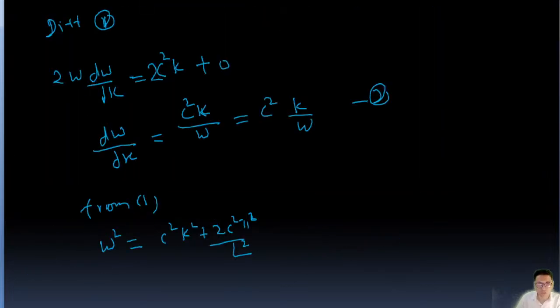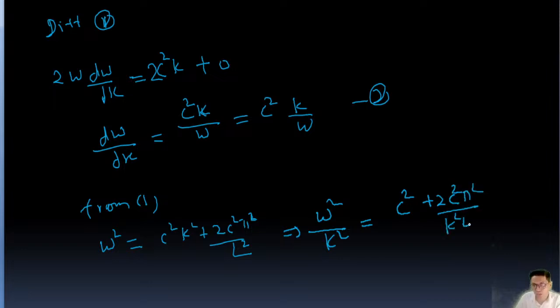So from here we get omega square upon k square. We can take k common. So this is going to be c square plus 2 c square pi square upon k square L square.